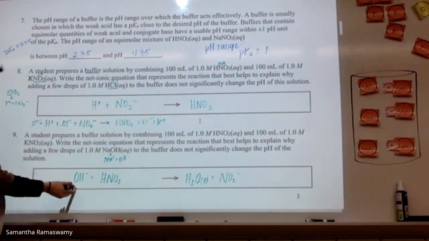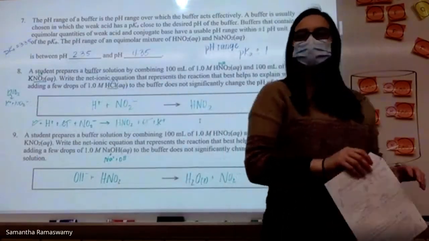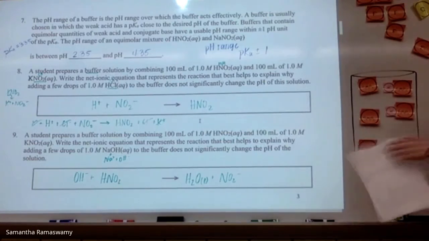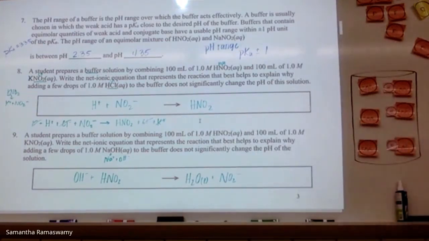When a strong base is added, the acidic component of the buffer works to neutralize. And they love asking the net ionic equation questions as well. Questions on 7, 8, or 9?